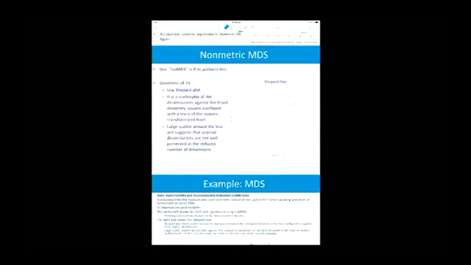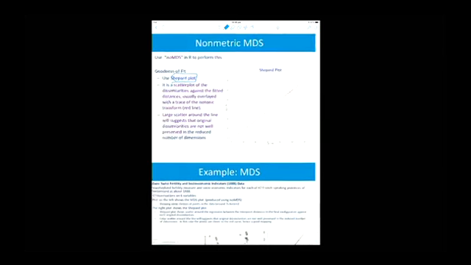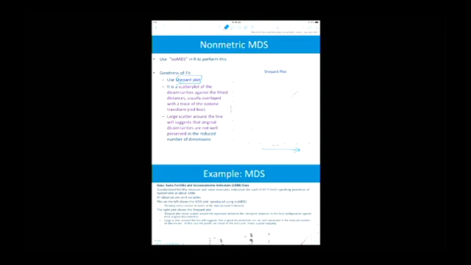Goodness of fit, again you can use the stress value, but one of the plots that is very useful is called the Shepard plot. What the Shepard plot does is, on the horizontal and vertical axes, it puts the dissimilarities that we obtain in the lower dimension space on one of the axes. On the other axis, it puts the original dissimilarity that we have, and then it puts the points on there.